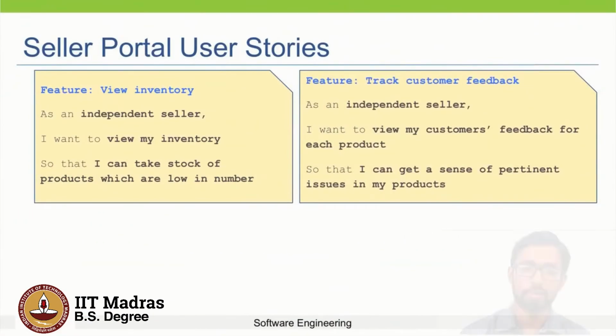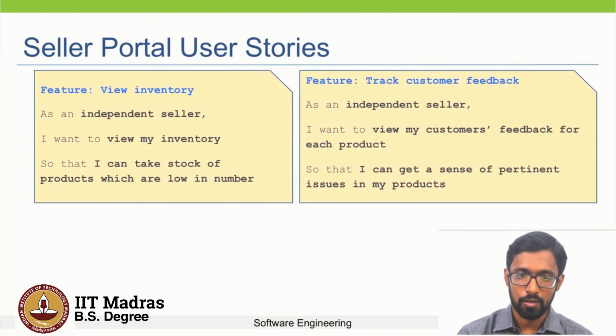For example, we have a view inventory user story which enables a seller to view his or her inventory, and we have another feature for tracking customer feedback. So we created several of these user stories, and now we have to implement.